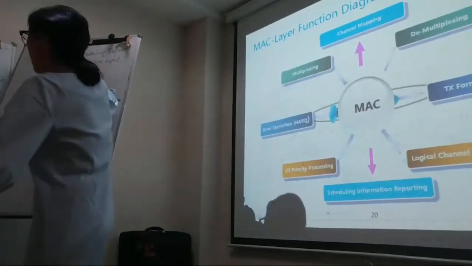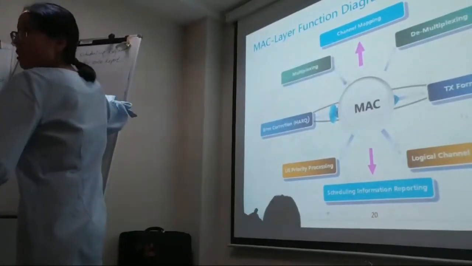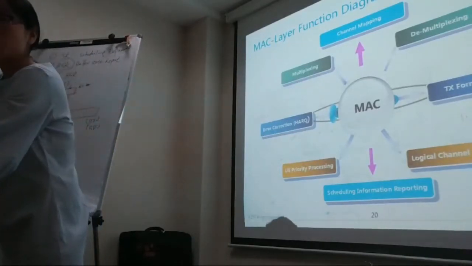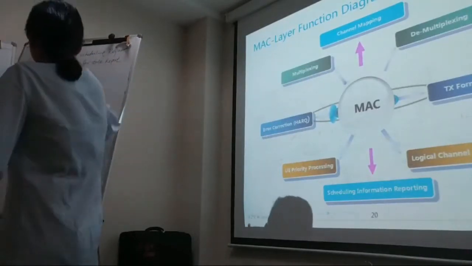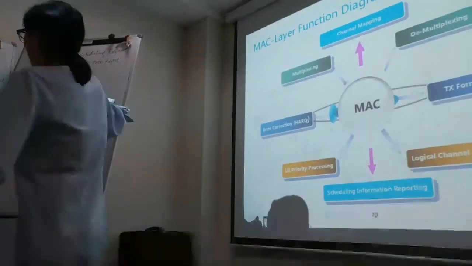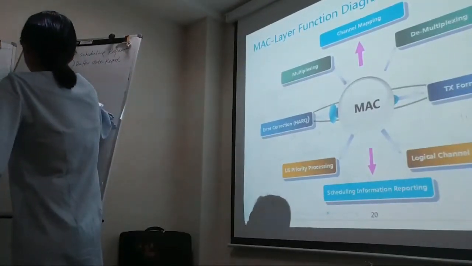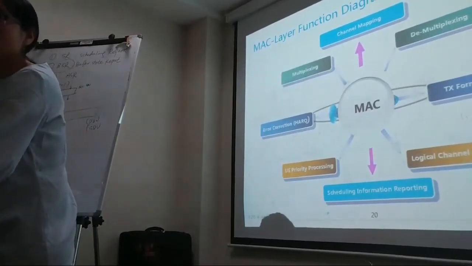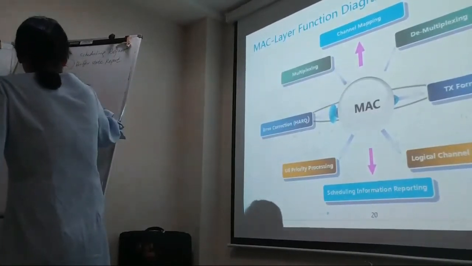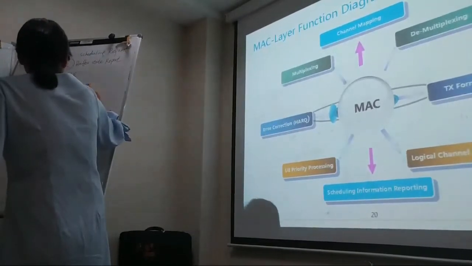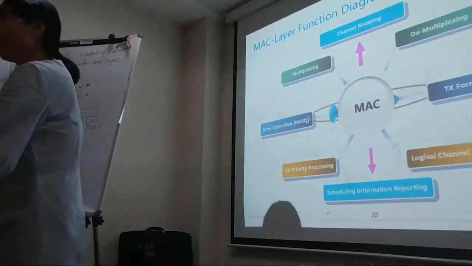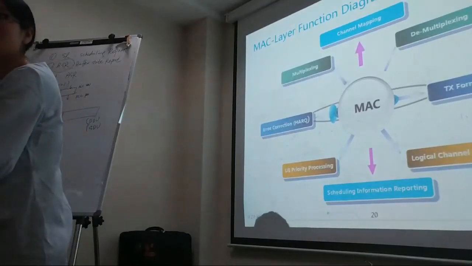So before the RLC processes it, this is an RLC SDU, the service data unit, which means I haven't processed it. When I process it, I will add an RLC header, right? This data is the RLC PDU. I have already processed it and already added the header.